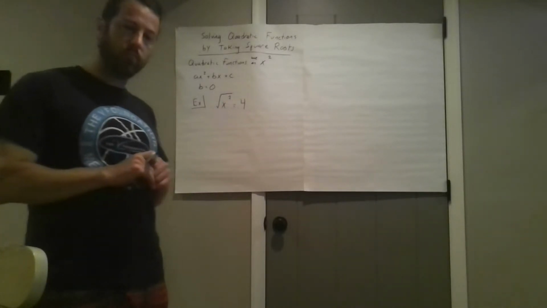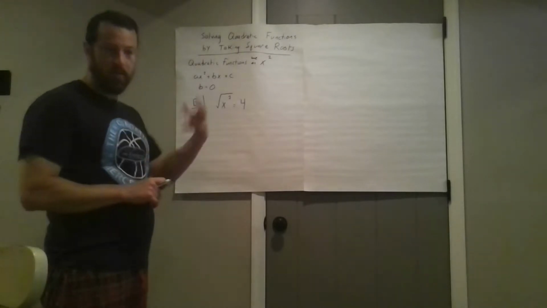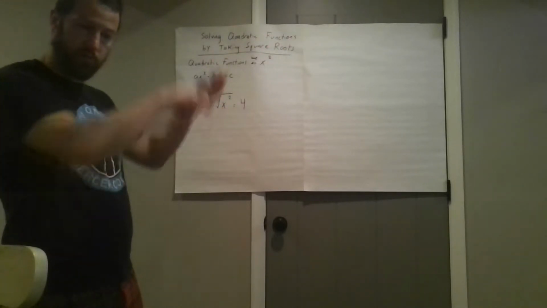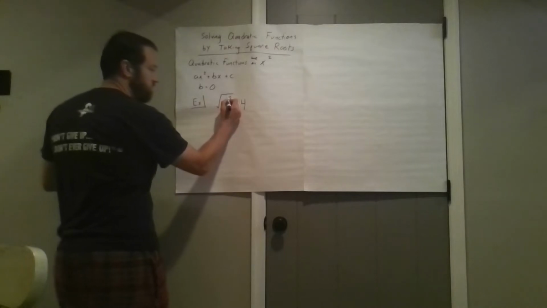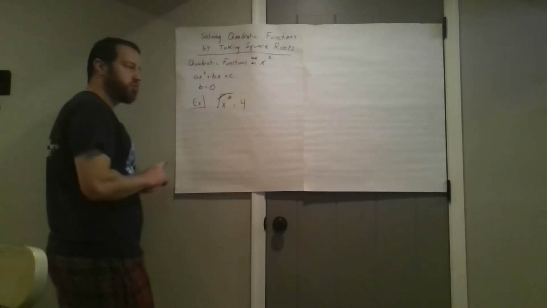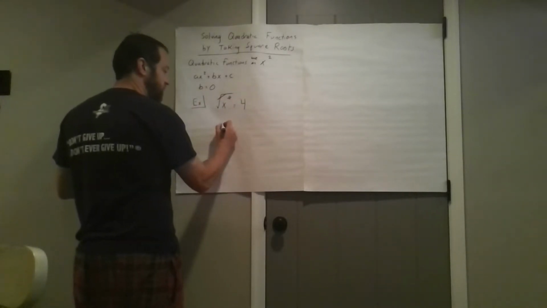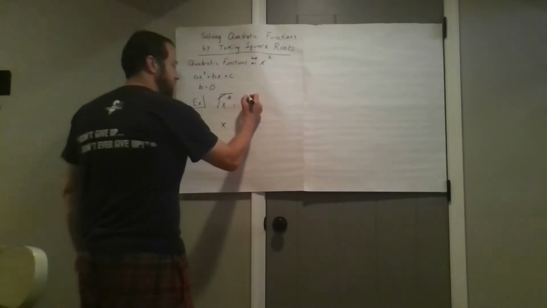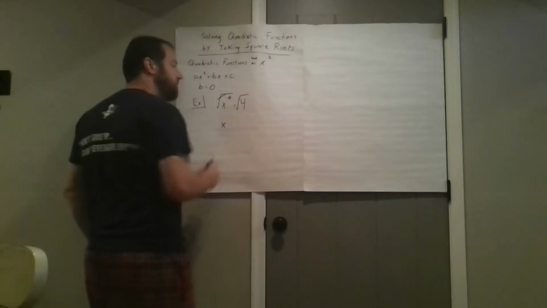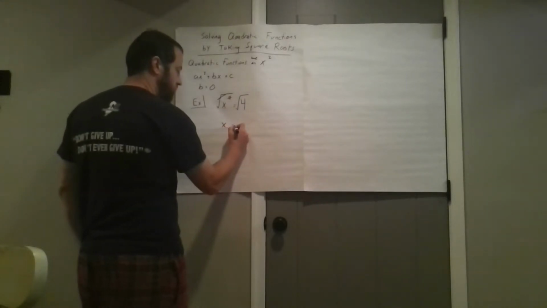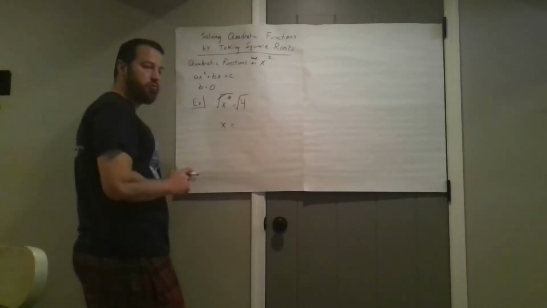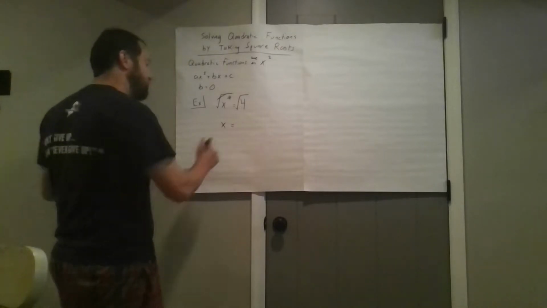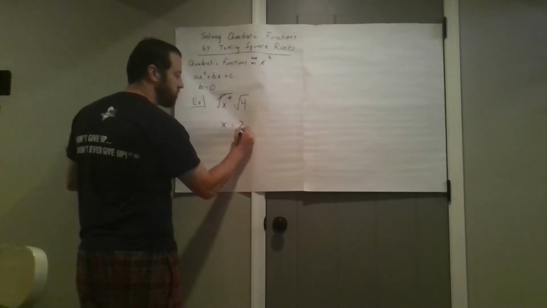And just like before, when you have a plus 4 and then you subtract 4, they cancel out. Here, the square and the square root cancel out, and I'm just left with x. Now, of course, what you do to one side, you have to do to the other. So I square root the 4, and again, square root is what times itself equals 4, and that's 2.